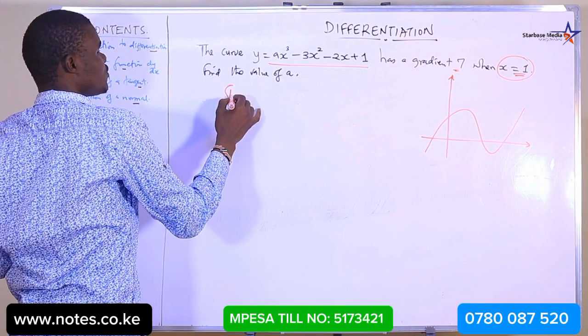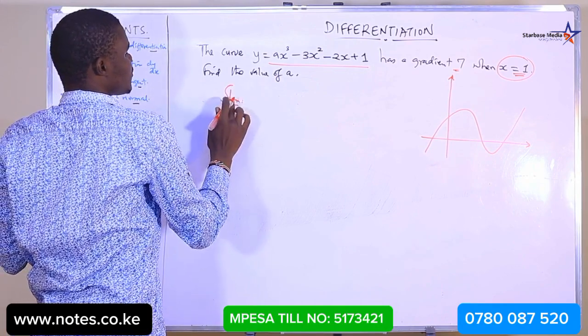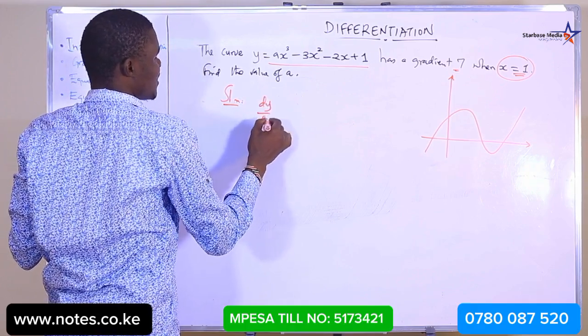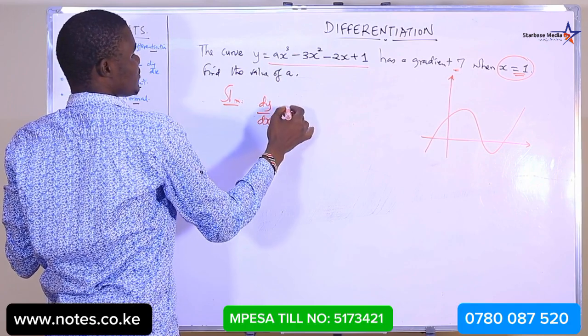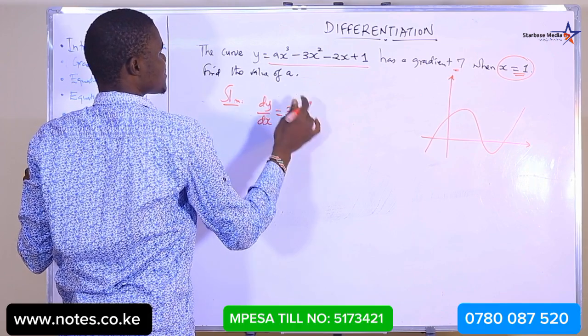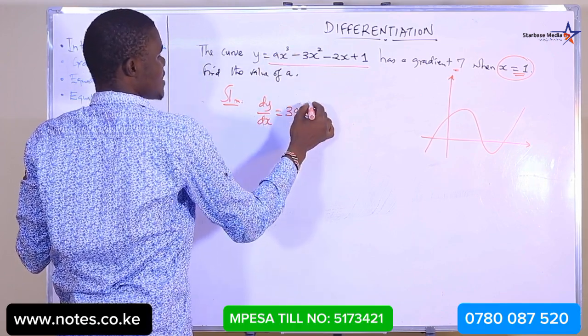So your solution will be, you get the dy over dx for this equation, and that is going to be 3ax squared.